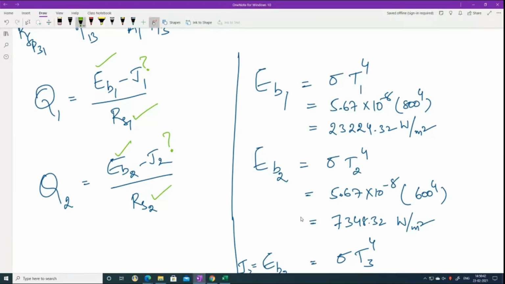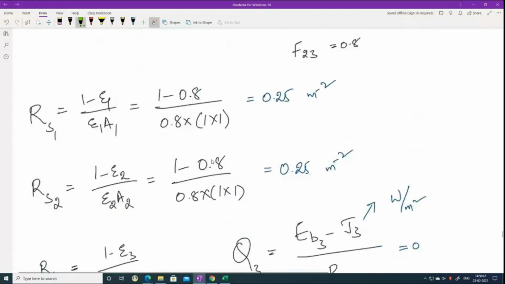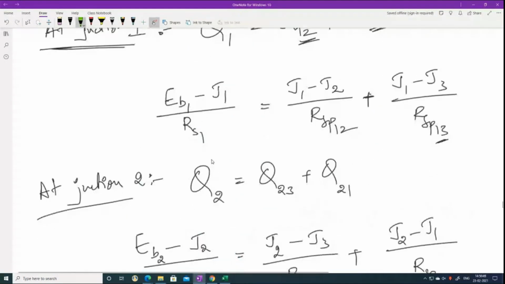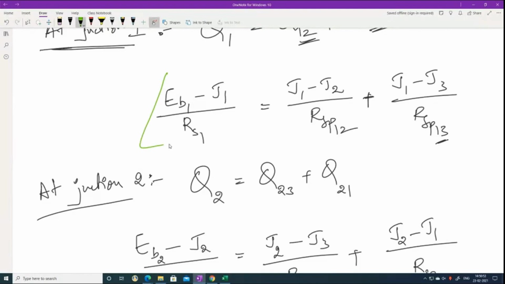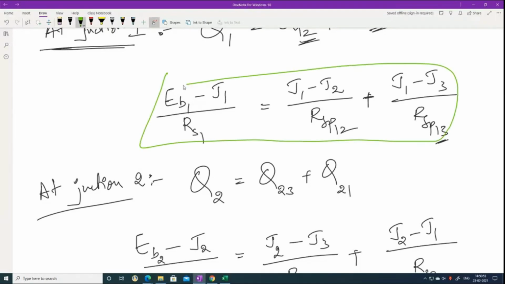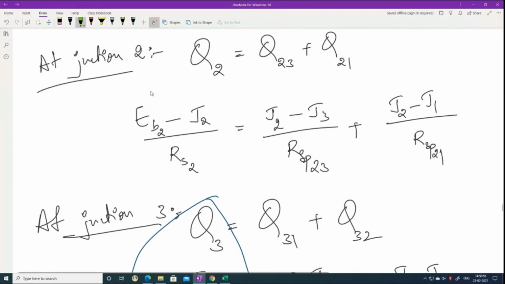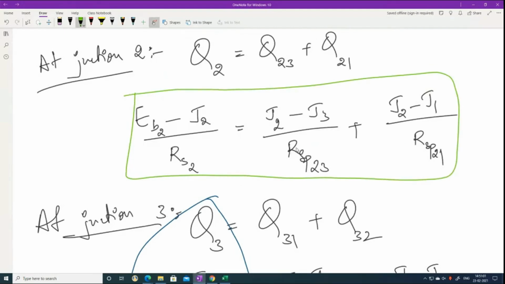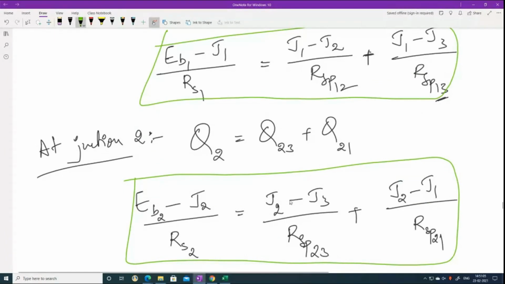For the calculation of J1 and J2 you must make use of these expressions here. You have this expression and this expression. When you write these two expressions, both of them contain J1 and J2.